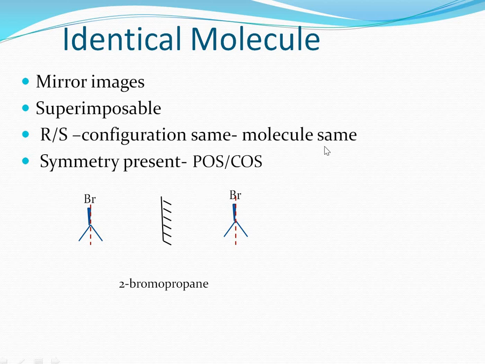This symmetry element distinguishes the enantiomers and the identical molecules. 2-bromopropane is an example of an identical molecule. In this, a plane of symmetry is present, and these are mirror images and superimposable.